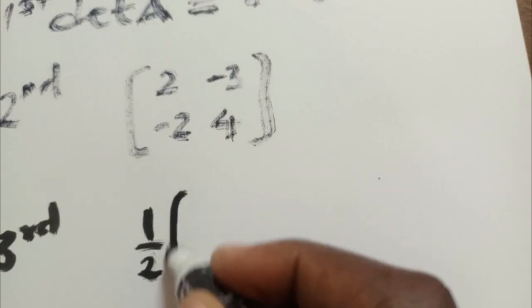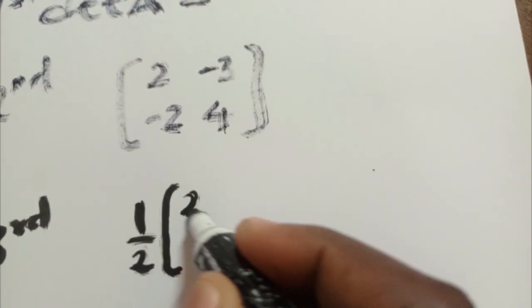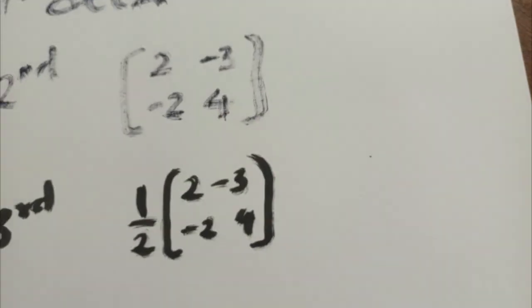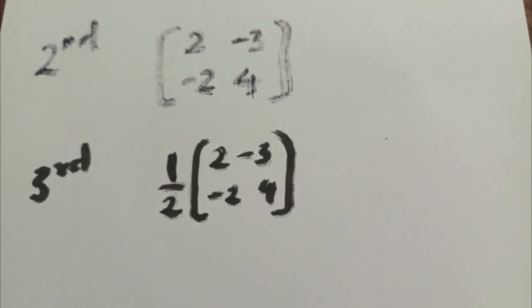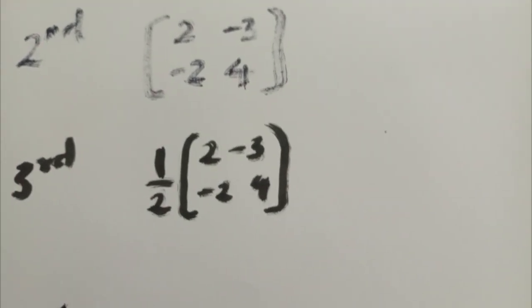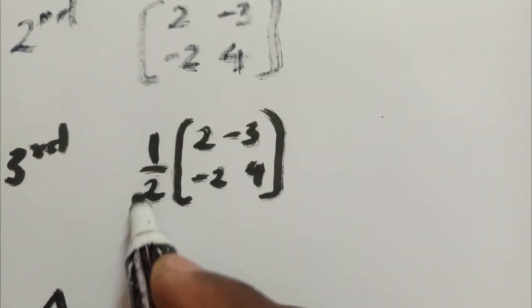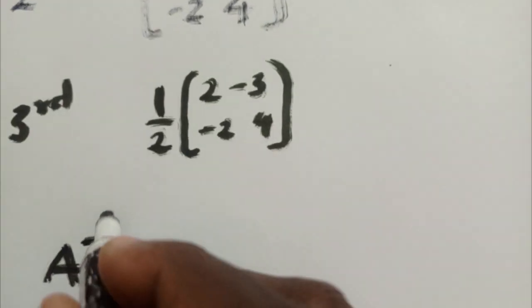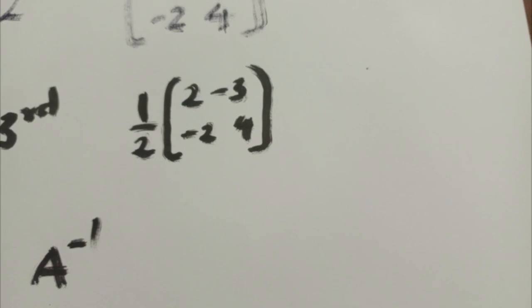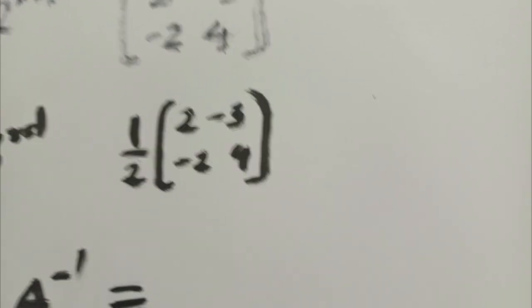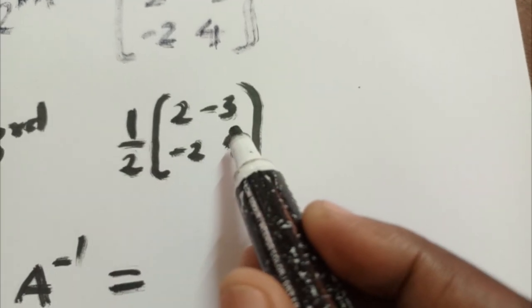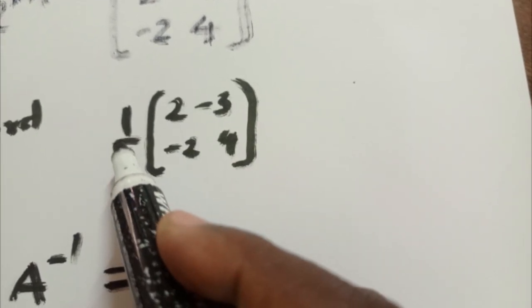Now we multiply by this newly formed matrix, 2, negative 3, negative 2, 4. And that gives us the product of the inverse of the determinant and the new matrix, which is what is now referred to as the inverse of matrix A.